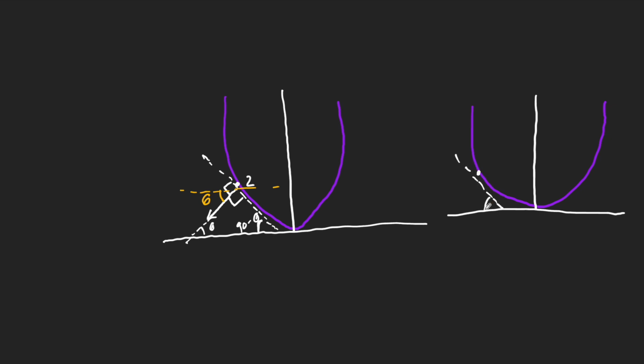This angle came out to be 90 minus theta. What is this angle? It is the slope at point 2, right? If this is point 2, this angle is the slope of point 2. That means the slope at point 2 is dy by dx.